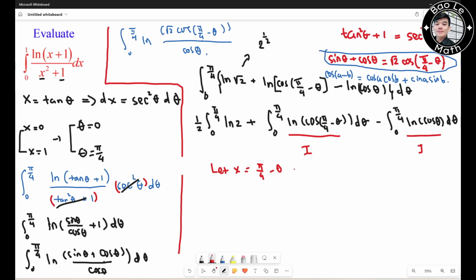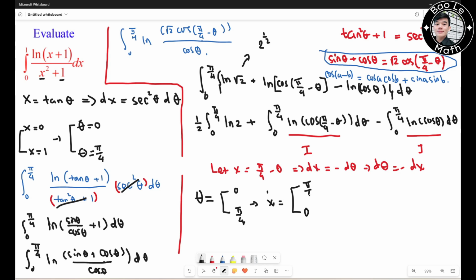I'm going to take the derivative of both sides, so ds equals negative d theta, or d theta equals negative ds. When theta equals 0 and pi over 4, then s equals pi over 4 and 0 right here.